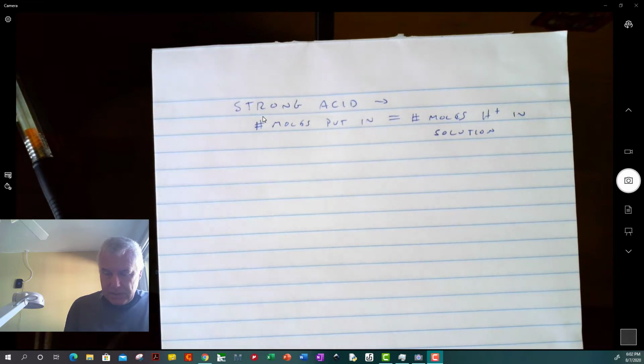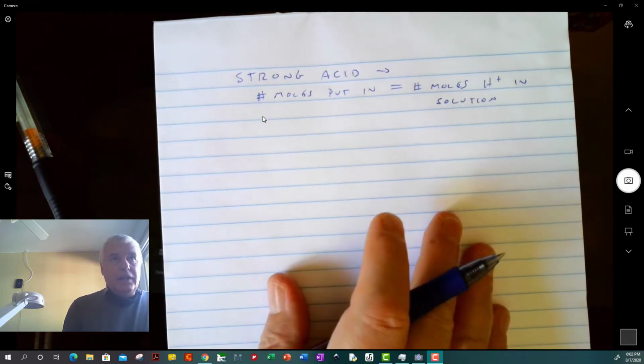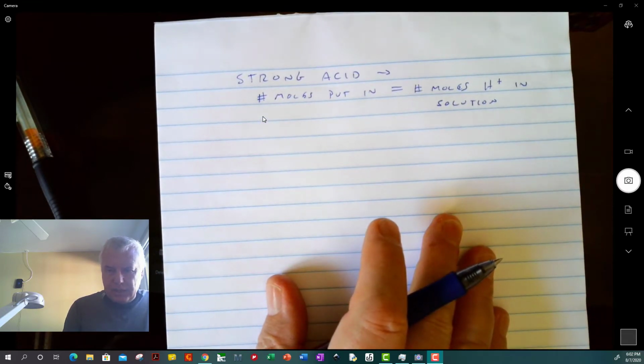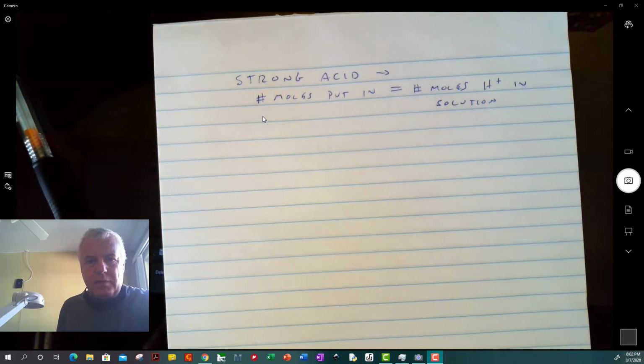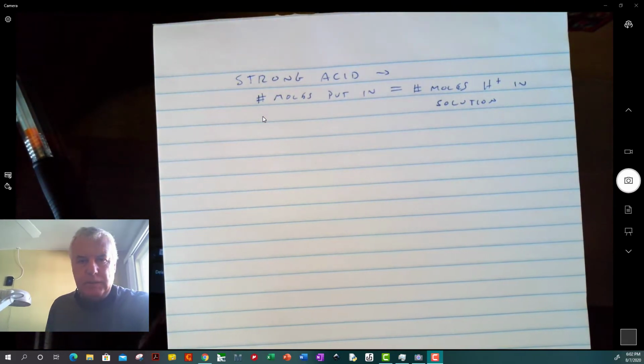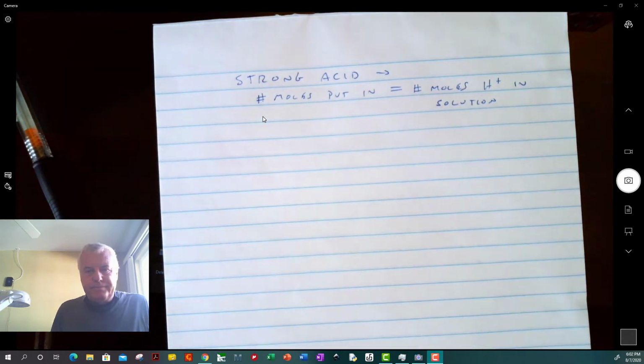Right? Basically, that's just to distinguish it from a weak acid, where you can put weak acid in and it'll only partly dissociate, and then you'll only see some of the acid.